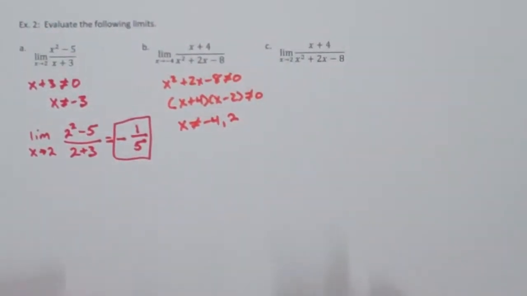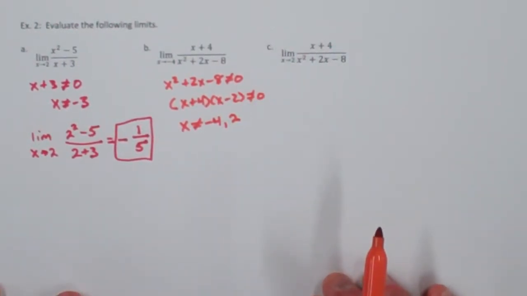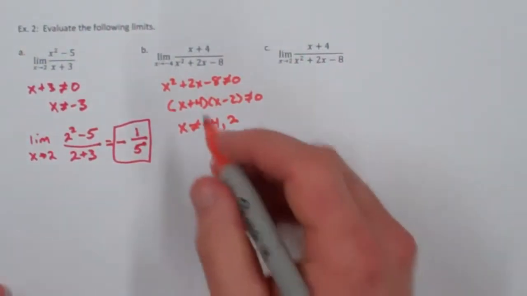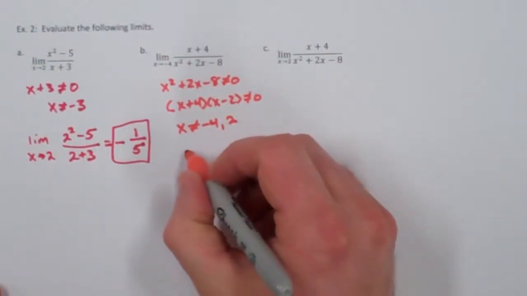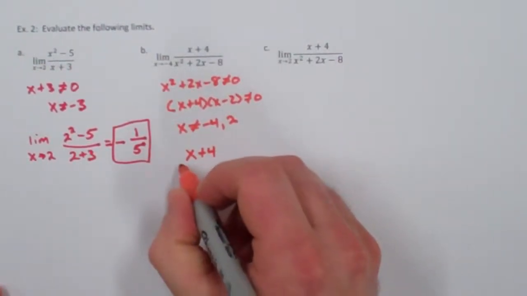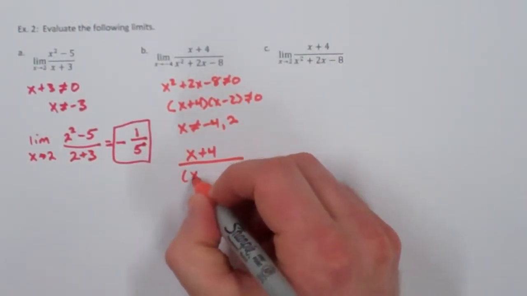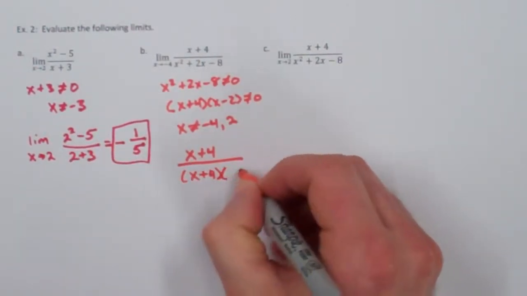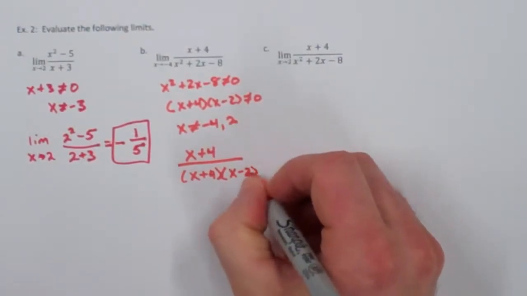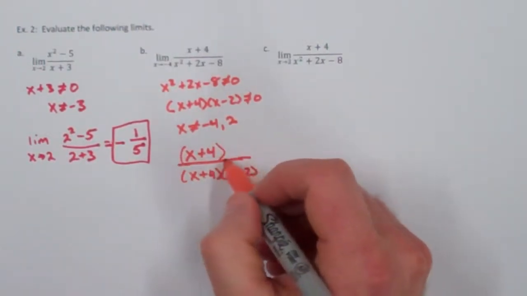The reason why we're taking a look at those values is this function is not continuous at negative 4. If we take a look to see what kind of discontinuity that is, that actually might help us to solve this limit problem. One of the things you can try with limits, at least algebraically, is to cancel and then resubstitute in.